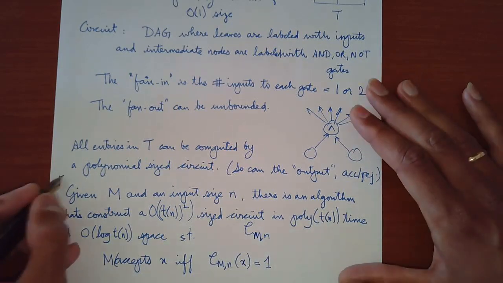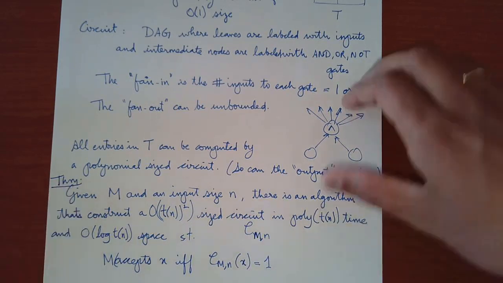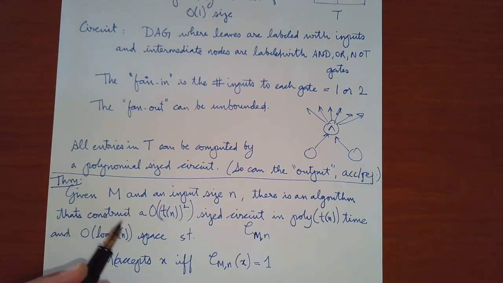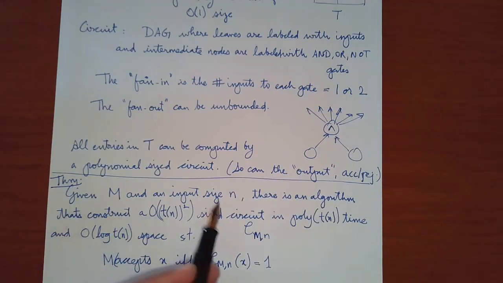Okay, and this is worth stating as a theorem. This is like looking at the Cook-Levin construction. Given a Turing machine and an input size, in poly T of n time, you can construct a circuit of size T of n squared such that the circuit accepts x if and only if the Turing machine accepts x. So you can convert Turing machines to circuits. Does this make sense?